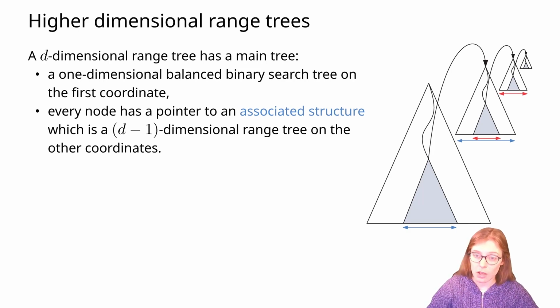So the main tree will store points on their first coordinates, and the associated d-1 dimensional range trees will store the points by the remaining d-1 coordinates.